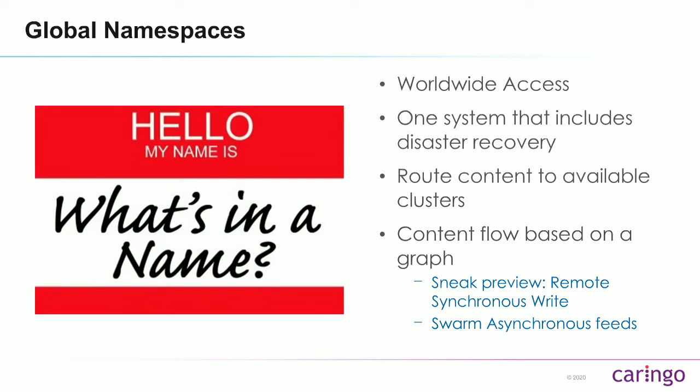It's probably a good time to preview something we're working on currently for a large streaming system called remote synchronous write. In general, the data protection mechanism between clusters is asynchronous, so that if there's any connectivity issue between the sites, you can continue writing to the primary location.